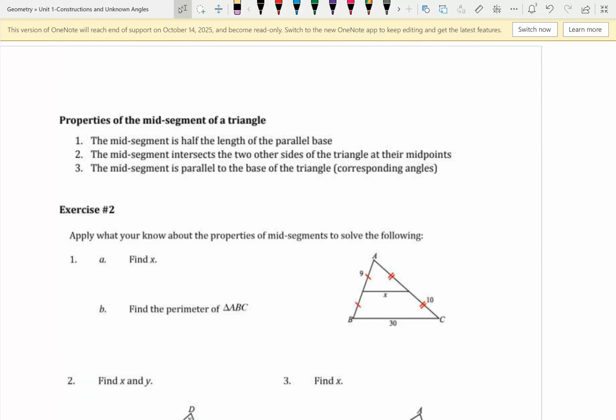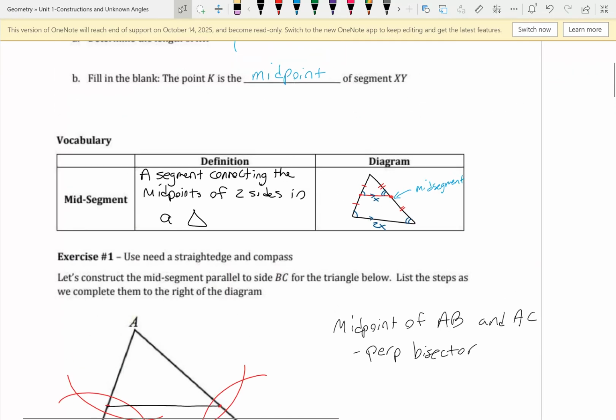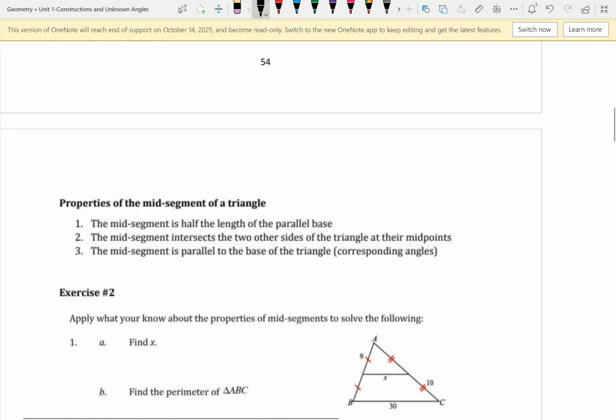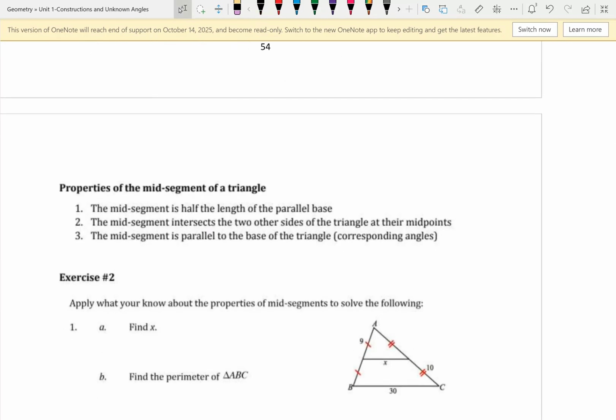So again, here are our properties. The midsegment is half the length of its parallel base. So that was the X and 2X part of our diagram from above. If we take a look at what I have in dark blue here with the X and the 2X, that is our first property. The midsegment intersects the two other sides of the triangle at their midpoints.